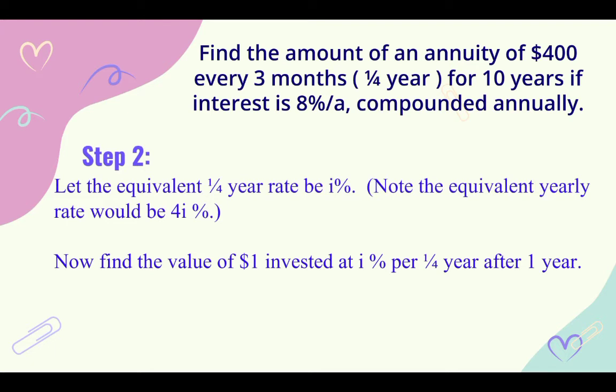Next step, let the equivalent 1/4 year rate be I%. Note that the equivalent yearly rate would be 4I%. Now find the value of $1 invested at I% per 1/4 year, or every 3 months, after 1 year.